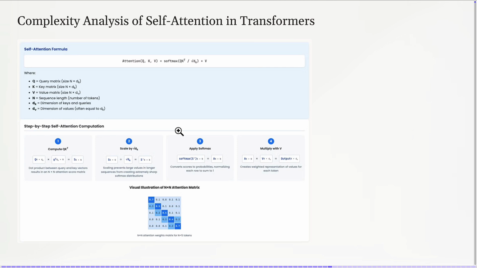V is the value matrix, and it has dimension n multiplied by dv. n is the sequence length, the number of tokens. dk is the dimension of the keys and the queries. They have the same dimension because we do the dot product. And dv is the dimension of the values, equal to dk. n is the number of tokens because we will have a representation for every token.